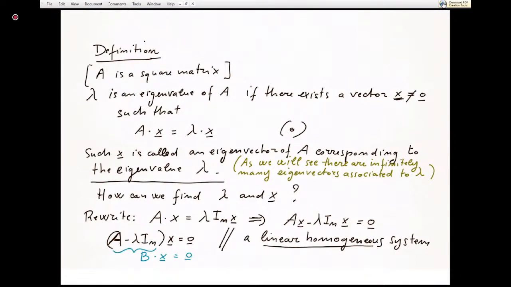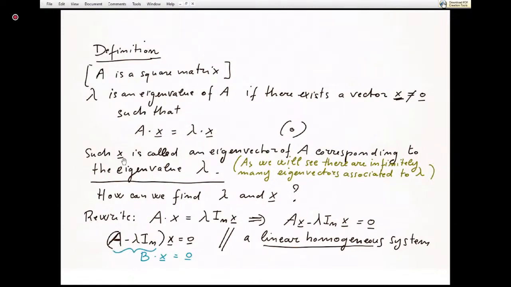So we want to know whether there are numbers lambda, so-called eigenvalues of A, that have this property. Lambda is an eigenvalue of A if there exists a non-zero vector x such that using lambda as a scalar to multiply x is equivalent to using matrix A to multiply x. This is the meaning of the definition.